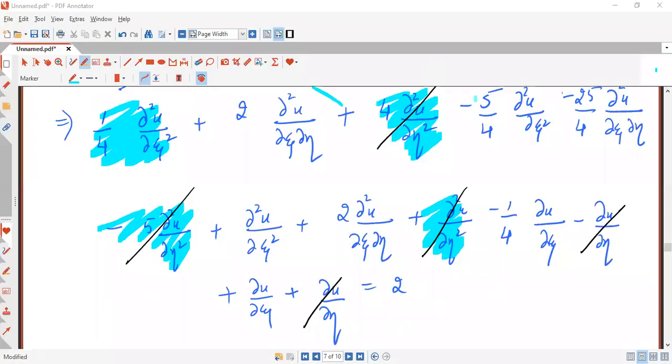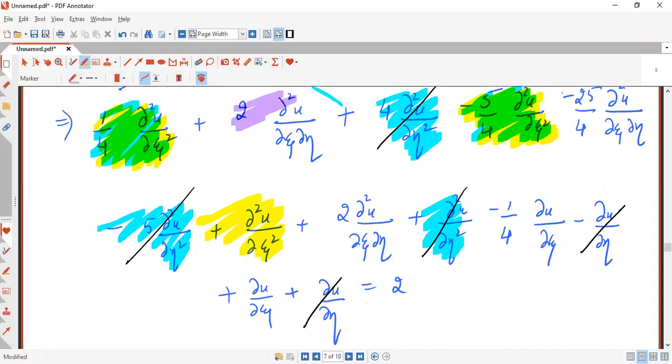This value, and end it with another one, this, and this. 1/4 minus 5/4 plus 1.